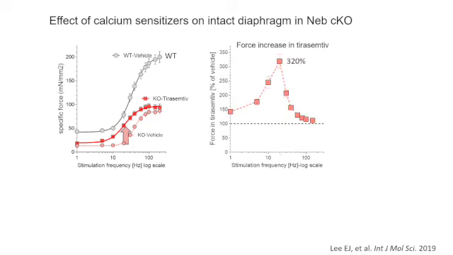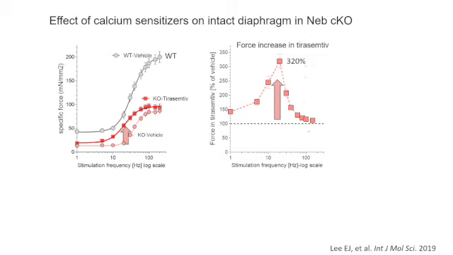There's quite a bit of force, as this graph shows. So this shows the force increase in the presence of tirasemtiv in the diaphragm strips from the Nemaline conditional knockout mice, particularly at intermediate frequencies, which is likely the physiological range. Force is about 300% of the control level.